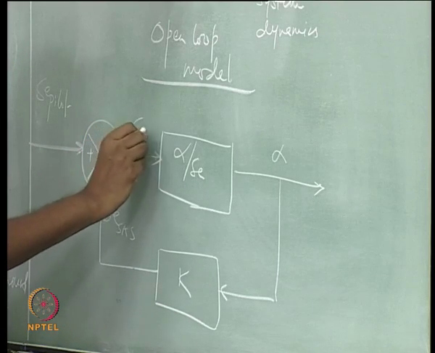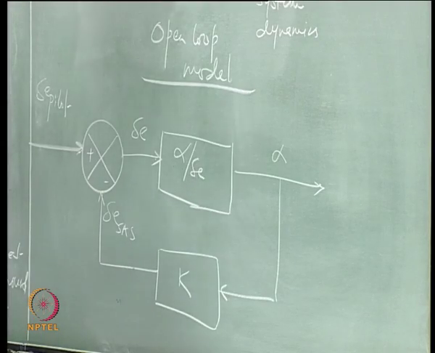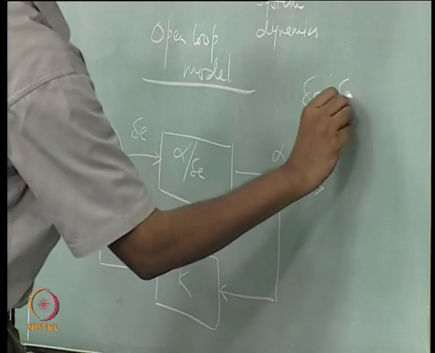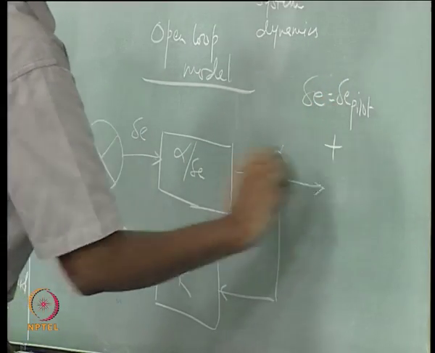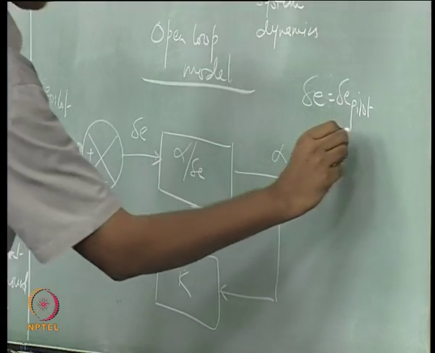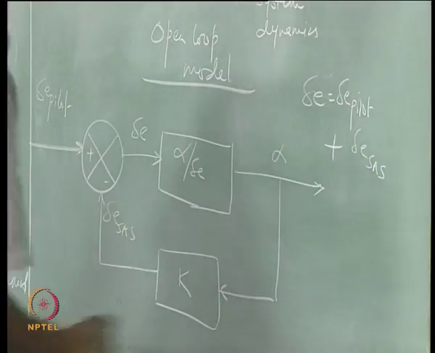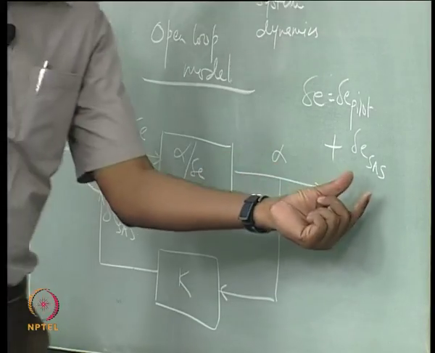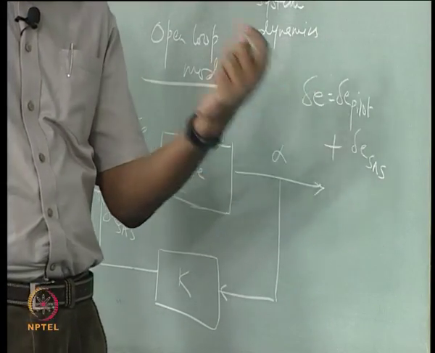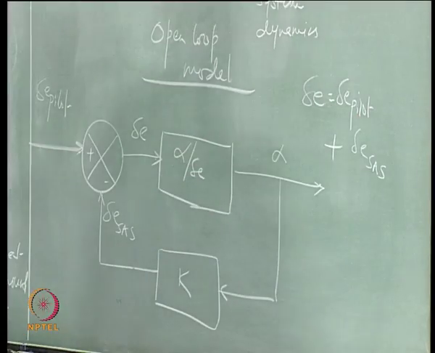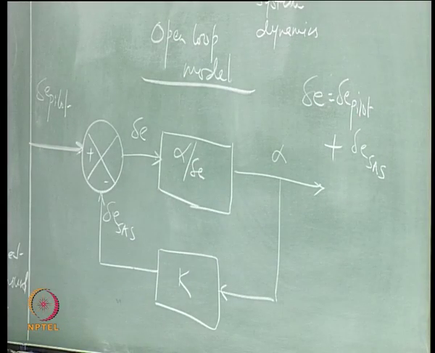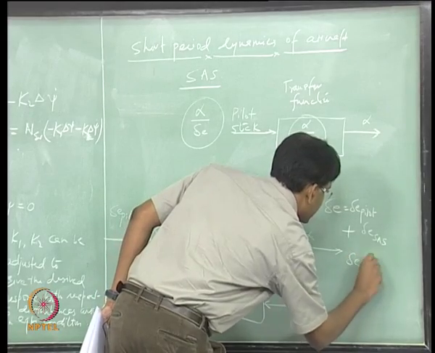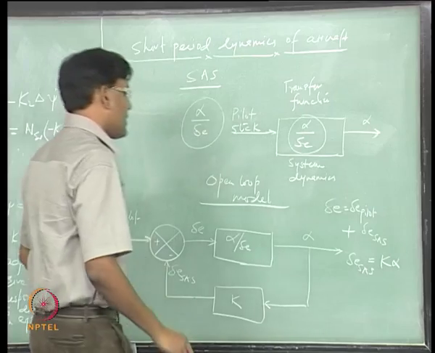So, what delta E we see is now the sum of delta E coming through the stability augmentation system and the pilot input, and in this case this delta E SAS is k into alpha.